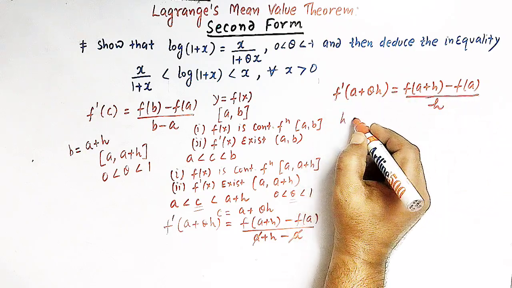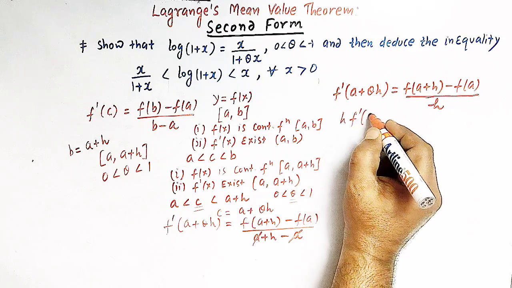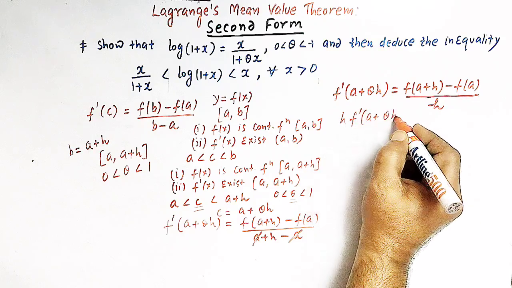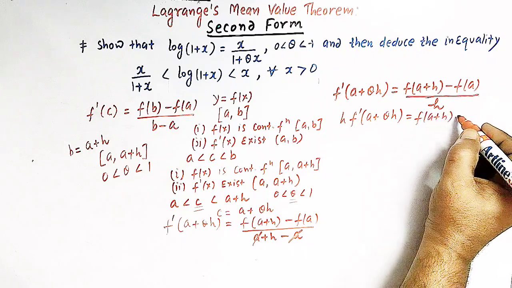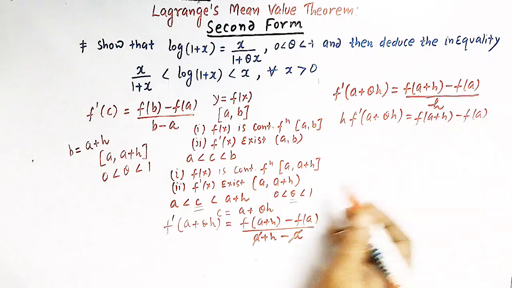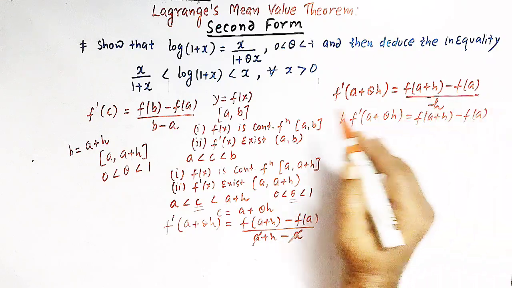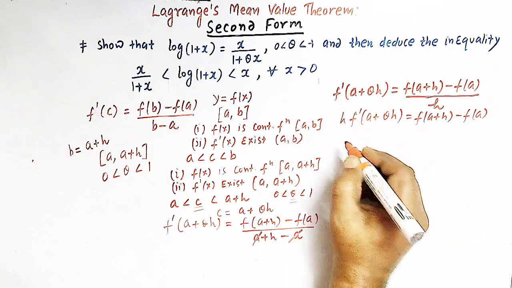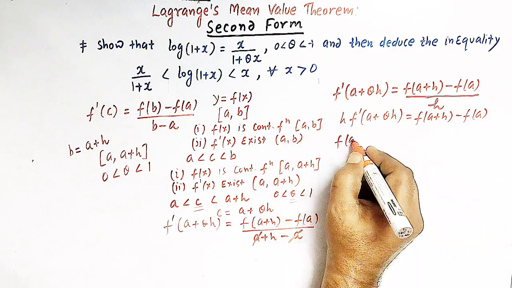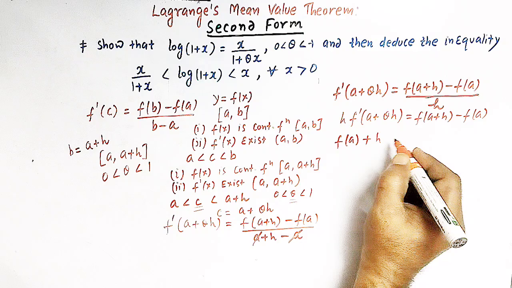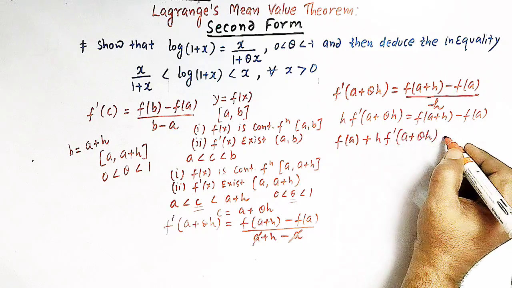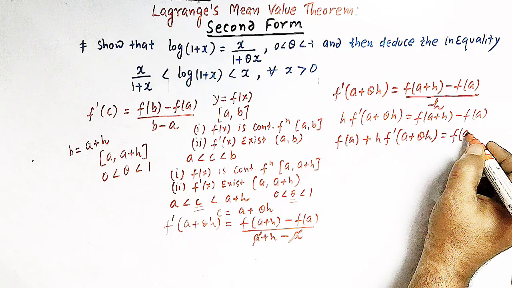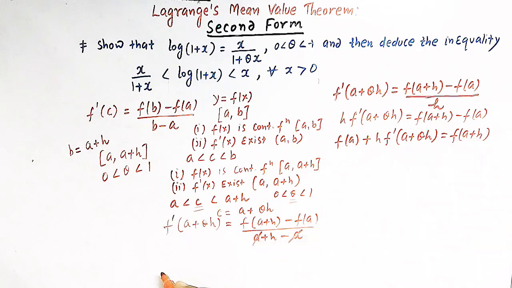So we have h times f prime of a plus theta h is equal to f of a plus h minus f of a. Now taking f of a to the left hand side, we have f of a plus h f prime of a plus theta h, that is equal to f of a plus h, right?